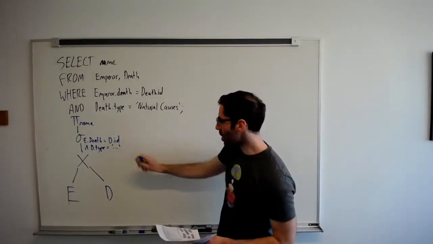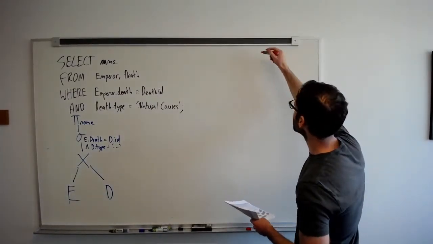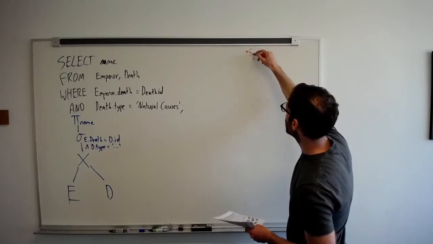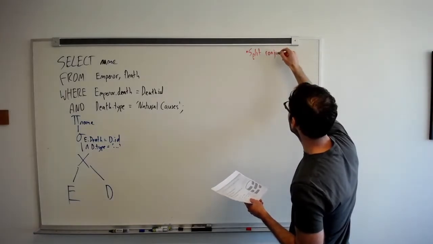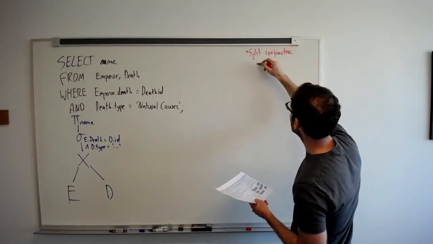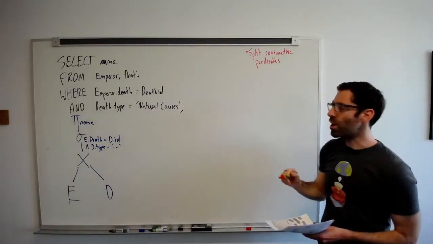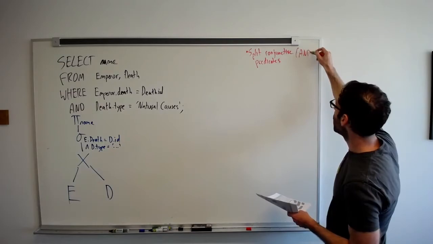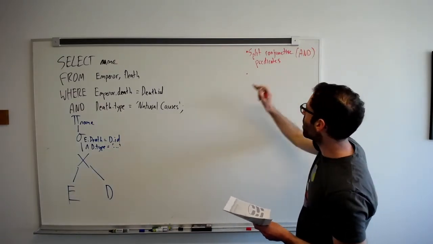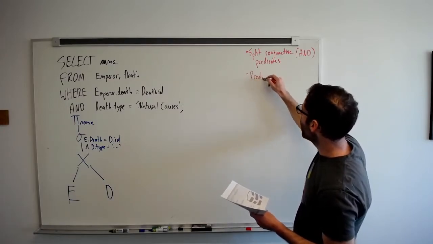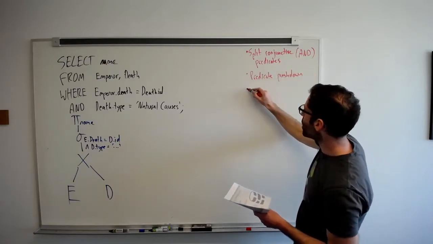And so there are a set of rules that I might consider applying here. We're going to split conjunctive predicates, and conjunctive just means our ands. Another thing we might do is called predicate pushdown.